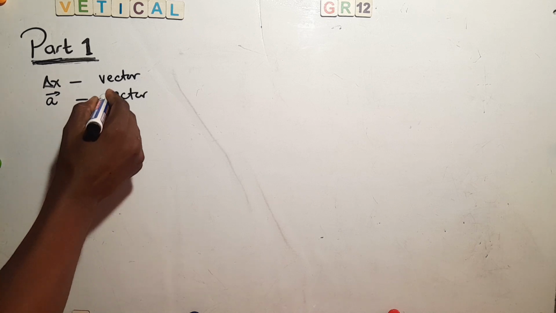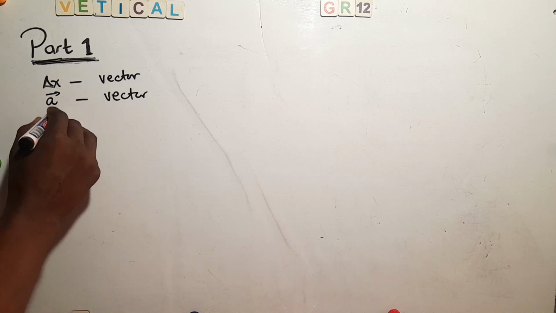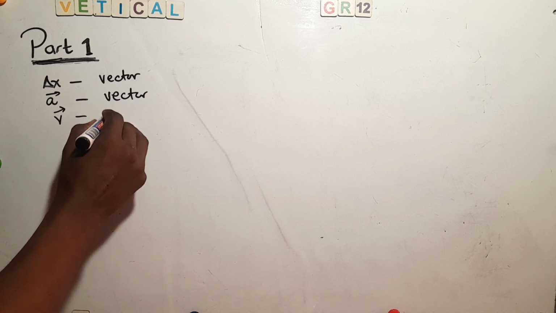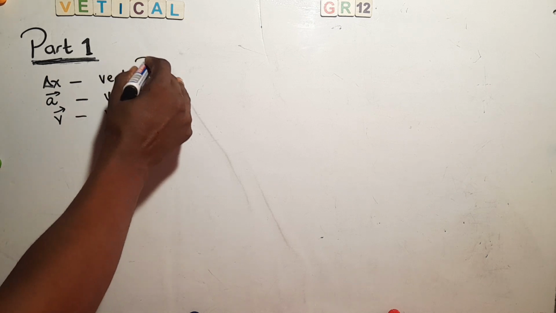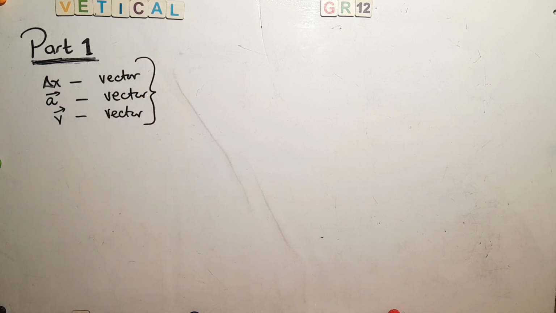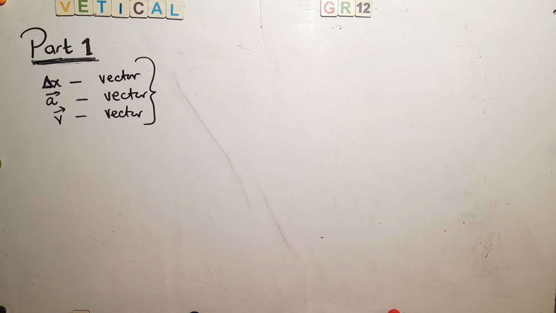And also we'll be working with one more, so all these three are vectors. So what does that tell you if you are working with vectors? You know that a vector is a physical quantity that has both magnitude and direction.